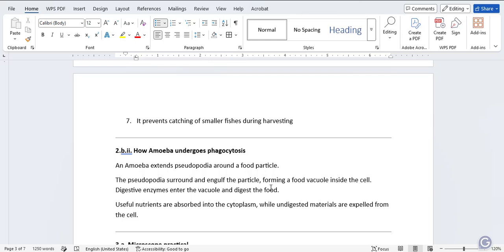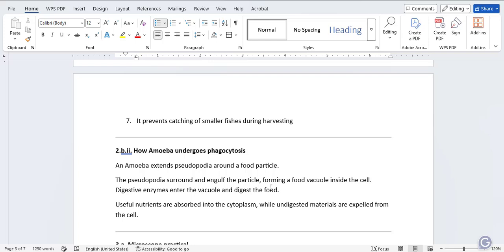This time we are looking at how materials in large, more bulky forms come into the cell. These are so large they cannot go through the phospholipid bilayer of the cell membrane. So how do we get them in, as in amoeba, using phagocytosis?